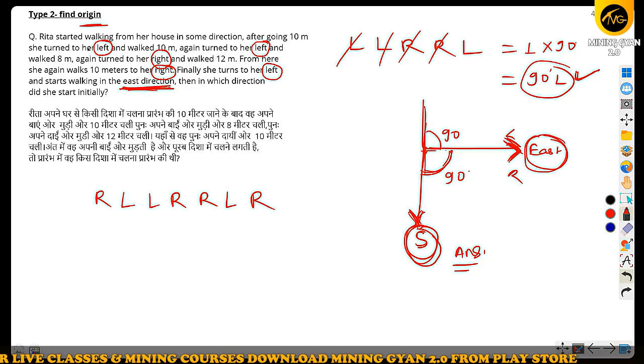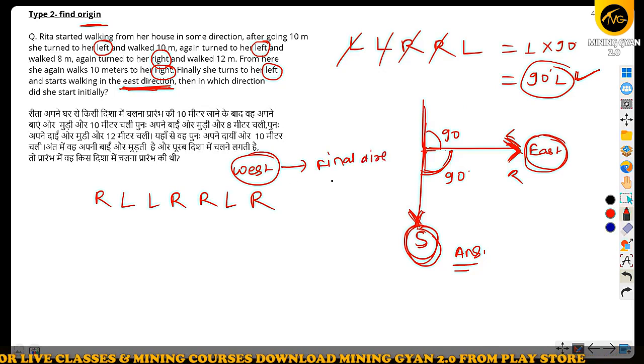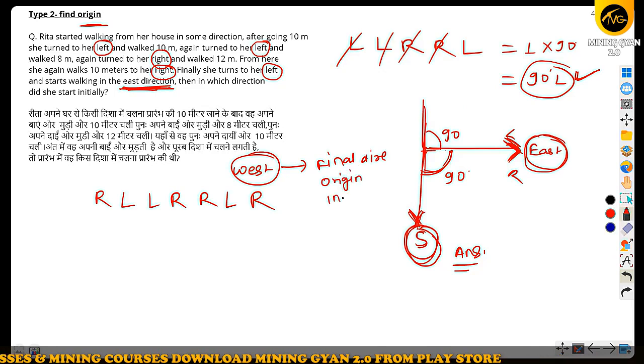After going any type of distance you can consider, she turns right, then she can turn left, then left, right, right, then left, and finally she'll turn right, and the final position is, suppose it will be west direction. Okay, west is her final direction. Now we have to find out her origin direction, or you can say initial direction.